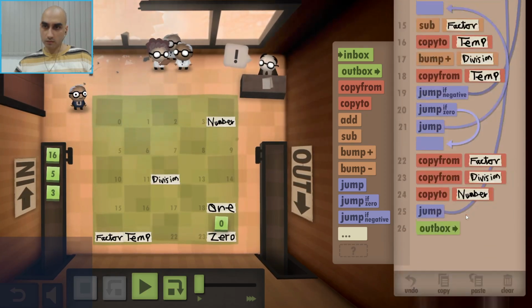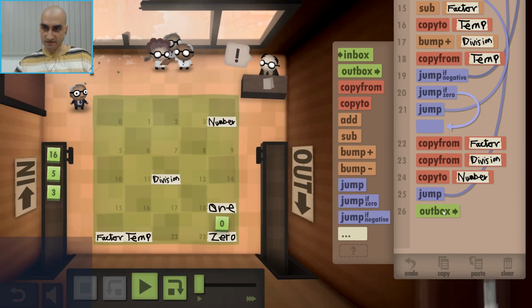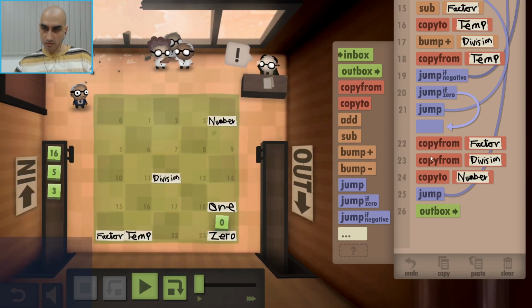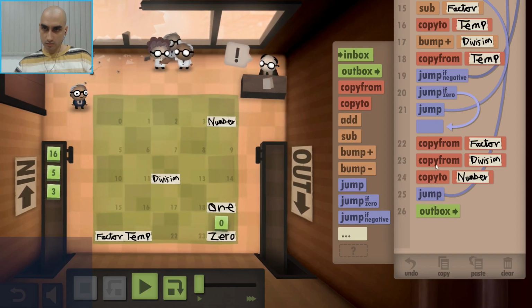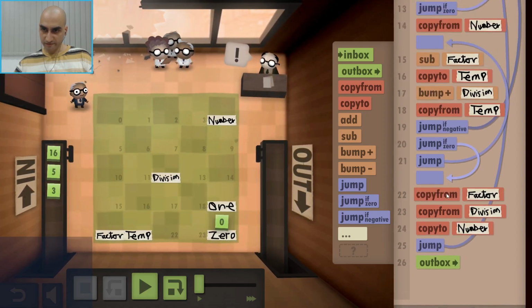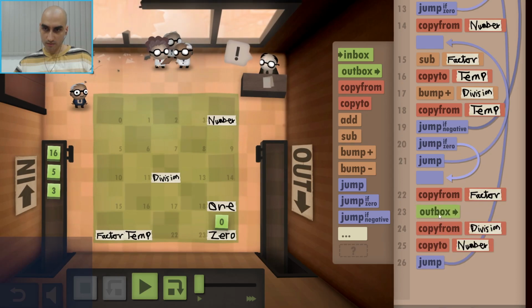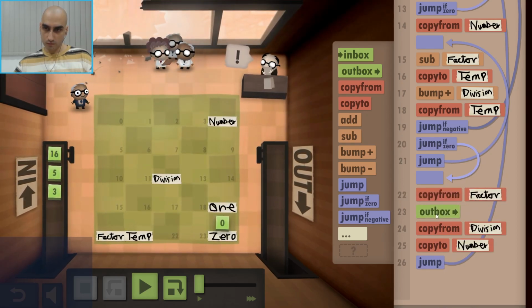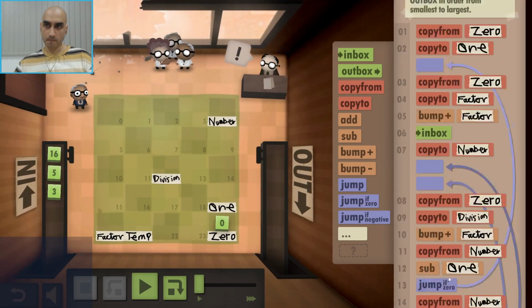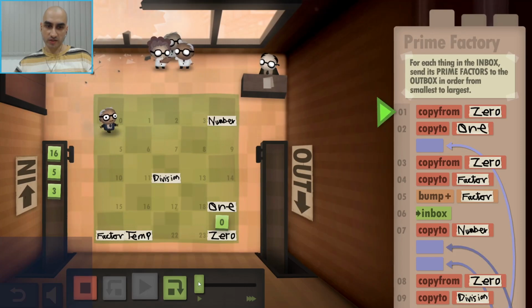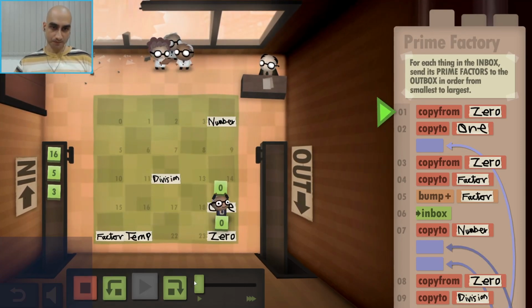Wait, why is... Okay, outbox doesn't look like it's ever going to be hit. Copy from factor, outbox should be there. Yeah, okay. Let's try this then. Slowly.